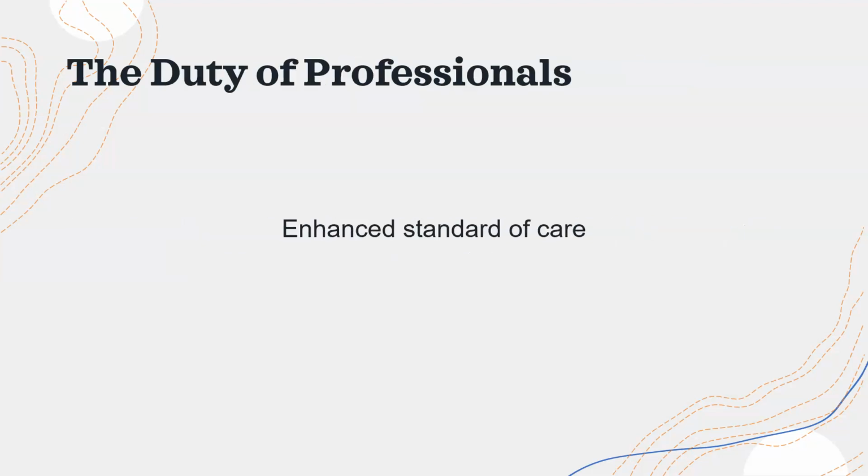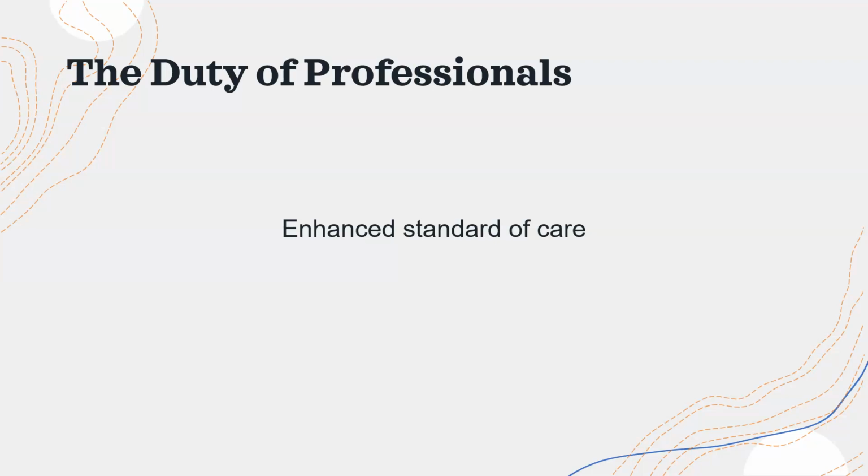Let's talk also about the duty of professionals, and there's an enhanced standard of care beyond reasonable care when professionals are involved. In your textbook, there's a provision that the duty to act reasonably also applies to professionals like doctors, lawyers, CPAs, architects, engineers, and others. In most negligence cases, however, the standard of reasonableness is that of a reasonable person.